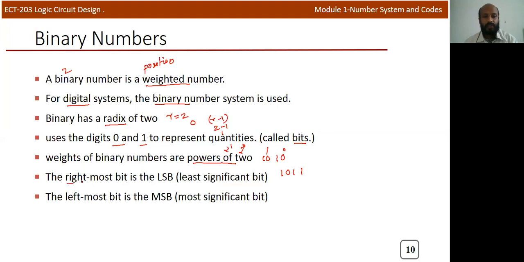The rightmost bit, here 1, is known as LSB, the least significant bit, and the leftmost bit is known as MSB, the most significant bit.